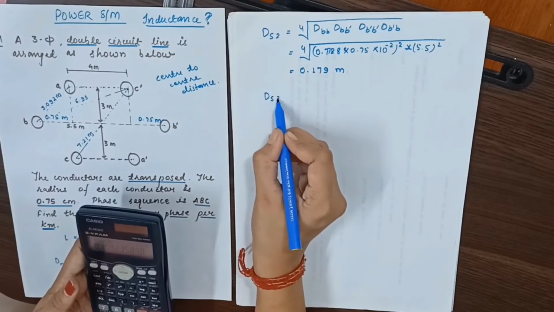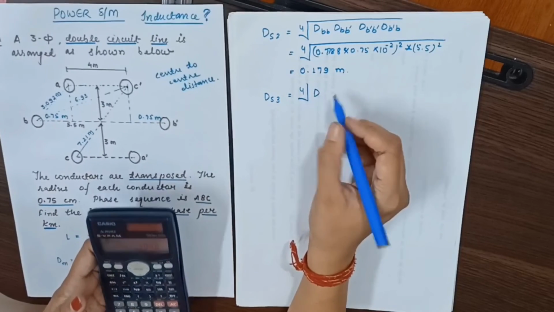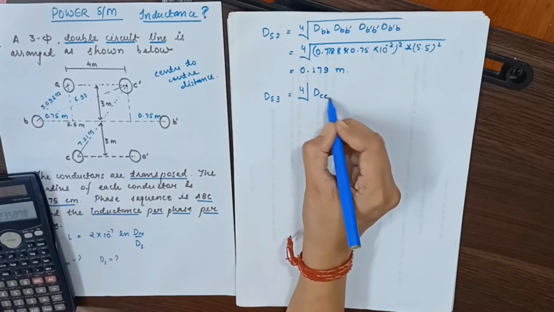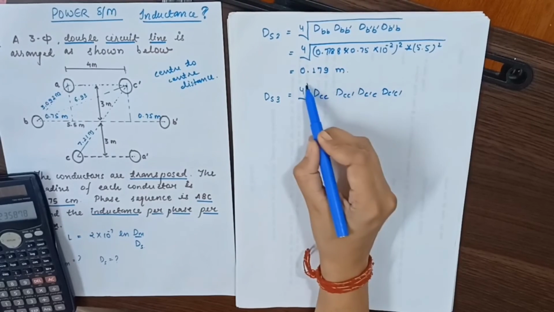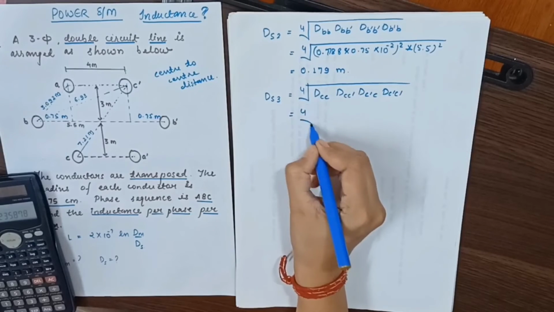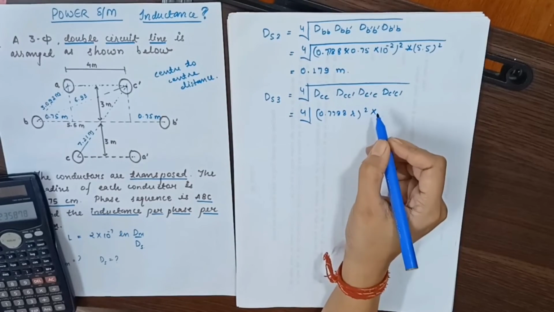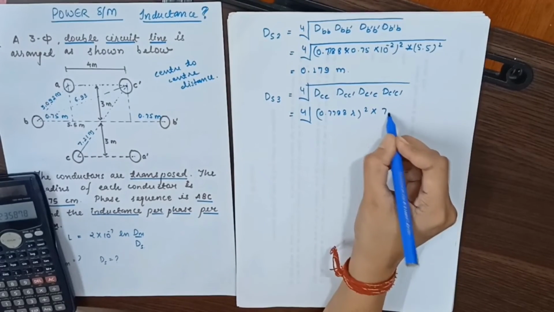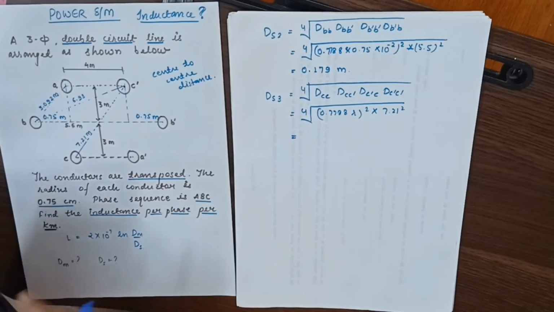Now similarly Ds3 will be DCC, DCC dash, DC dash C and DC dash C dash. So 0.7788 r whole square into 7.21 whole square. It would be the same as Ds1, because A and C are symmetrical.